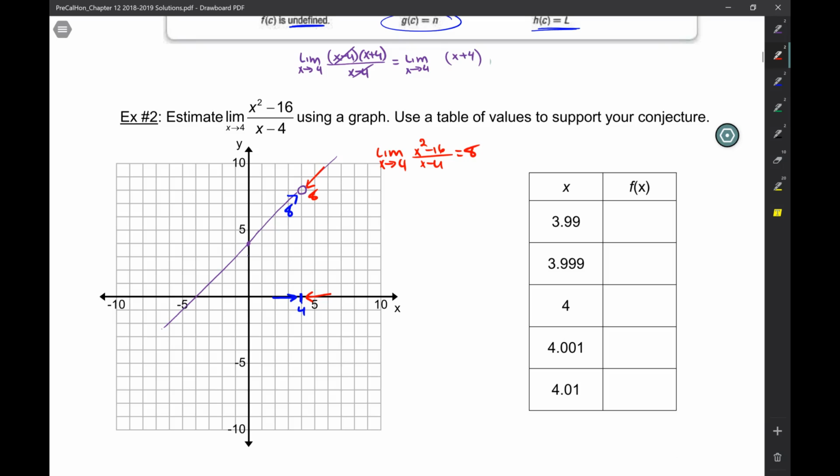All right. Now, numerically, if you plug these in, I get 7.99, 7.999. Here I get 8.001, and here I get 8.01.